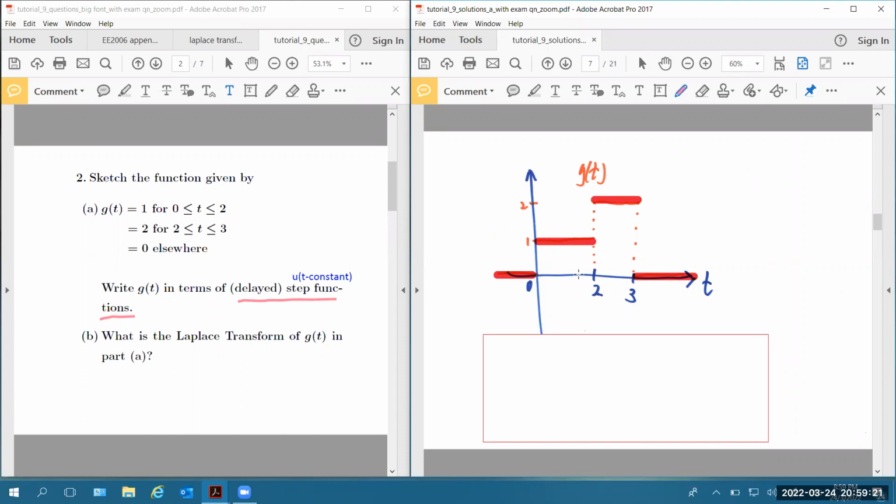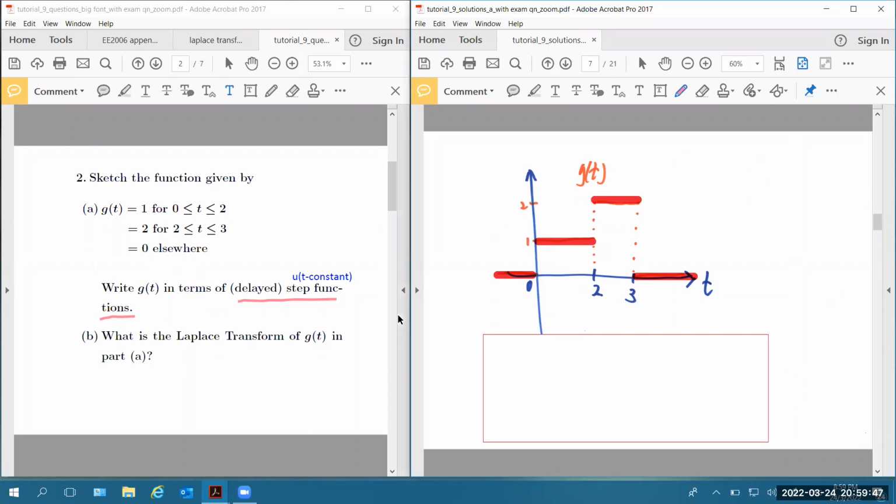No, actually it's not a vertical line. Actually it's a dotted line like that, just to indicate that this point is when t equals 2. Actually it's not a solid line. So the function is like that, and then this is the value 2, and then this one is value 0. Here also value 0. All right, so it's like that. Okay.